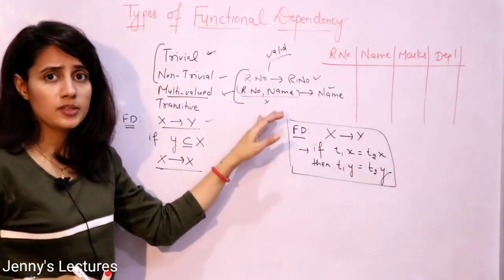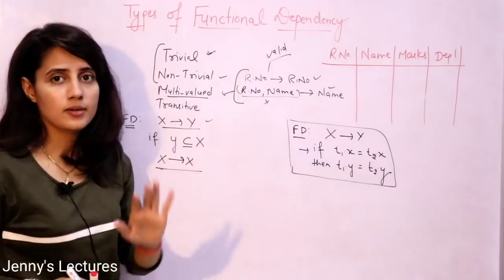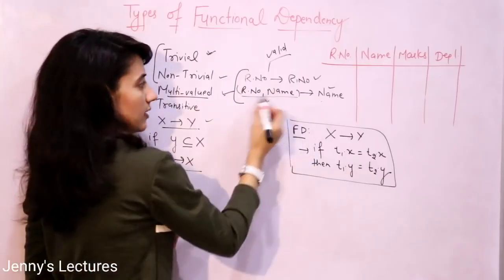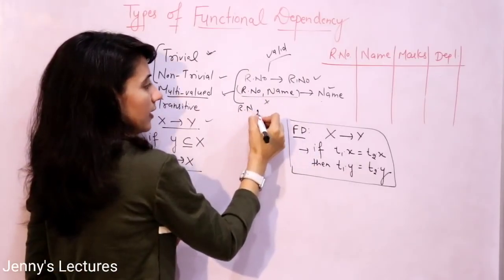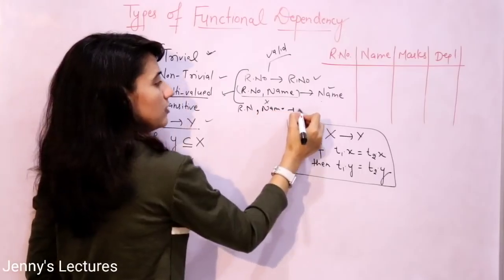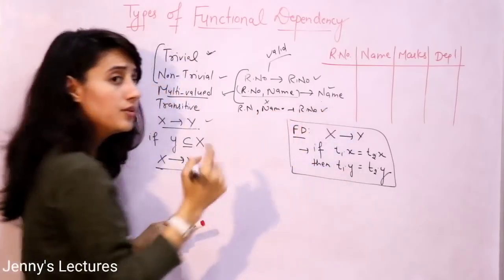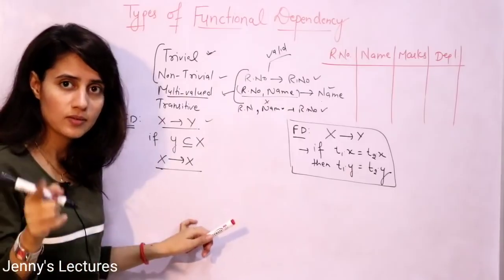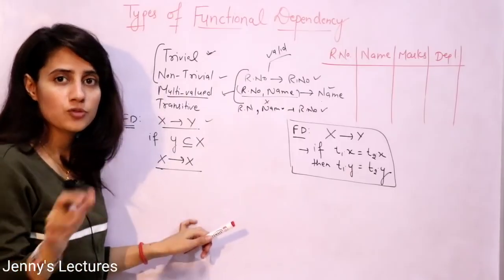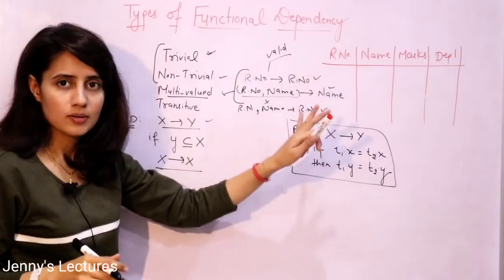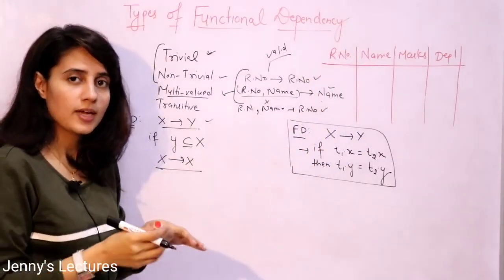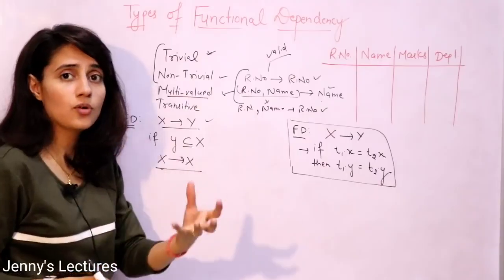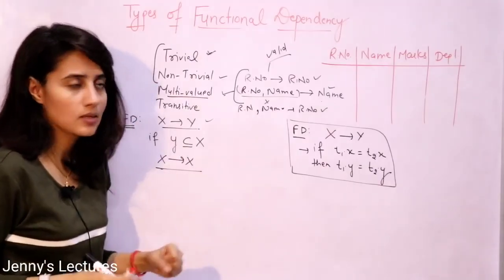Trivial functional dependency will always be valid, right? Here if I say roll number and name determines roll number, that is also trivial functional dependency, and that is always valid. No need to check the table. Valid or invalid, that thing we will check for non-trivial functional dependencies, right?